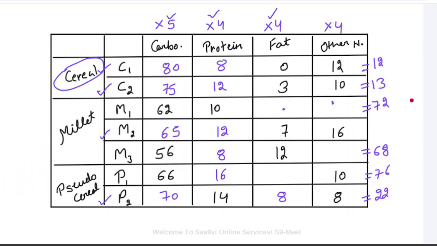Now let's go further. What else is remaining? Now this we can easily complete. 66 and 16 is 82, and 10, 92, and this is going to be 8. That is 100. P1 is also done. The cereals are done. In millets we have 56 and 8, 64, and 12, 76, and this is going to be 24. That also becomes 100.